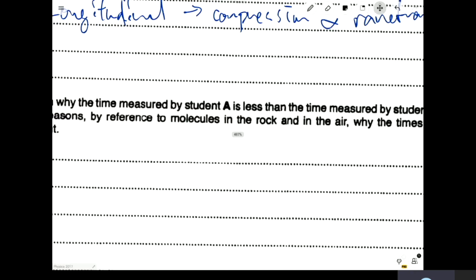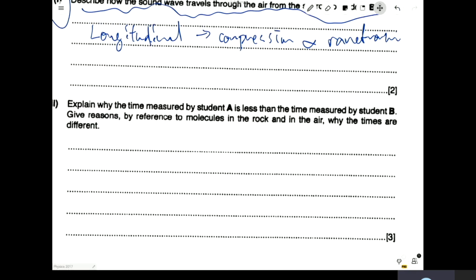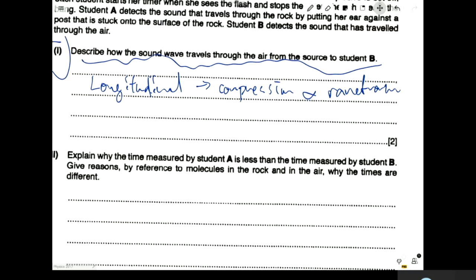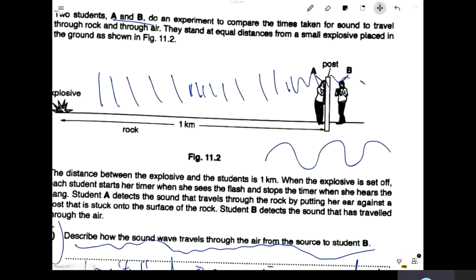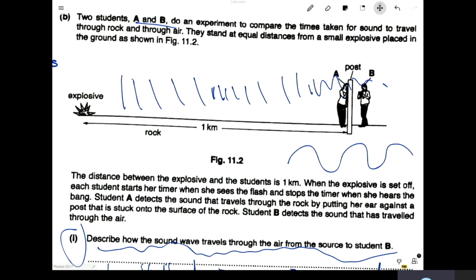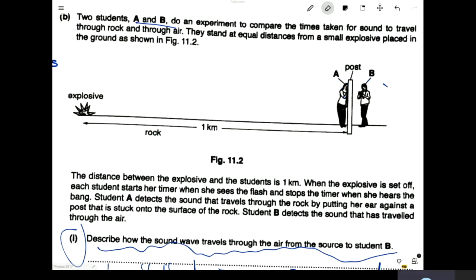Explain why the time measured by student A is less than the time by B. Do you know what they are measuring? They are measuring the time taken to hear the sound.